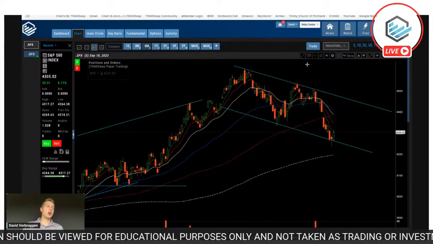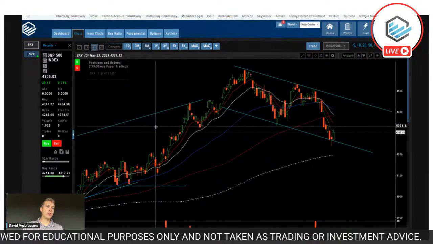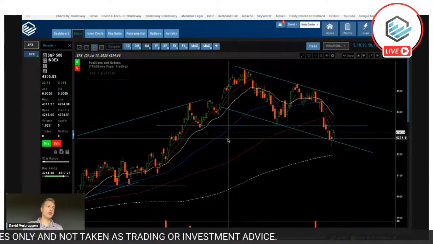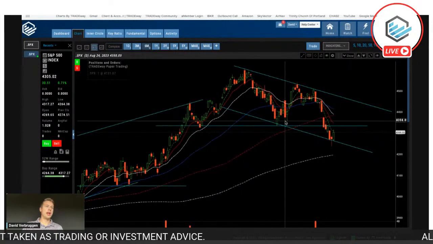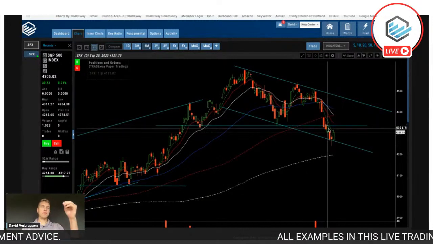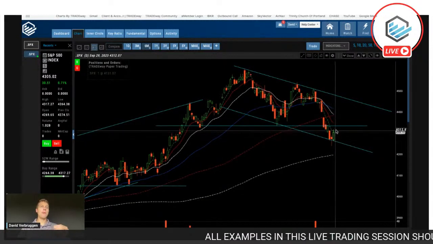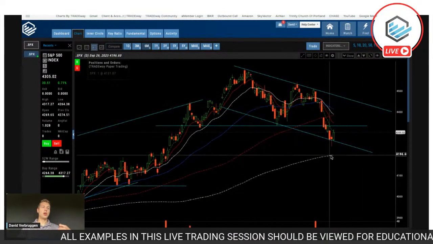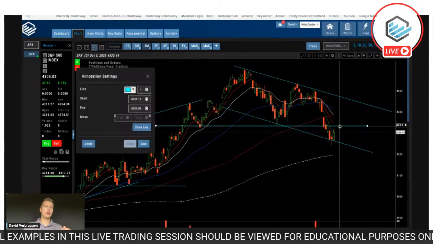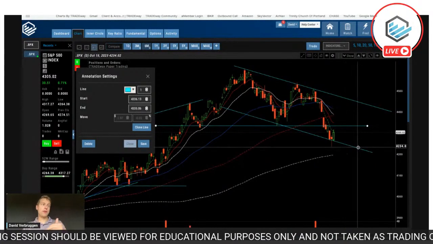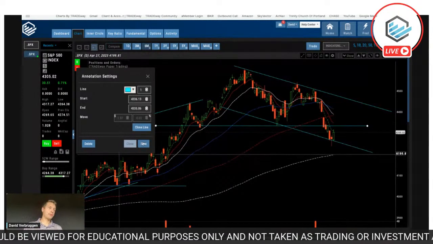And if I were to draw a line where the head and shoulders is sitting, we've moved down from there, right? And if we've moved down from there and we're popping back up, is this a move back up to this downtrending resistance line, or is this going to hit this line right here and do a kiss goodbye and move down? So there's a potential of that setting up as well.